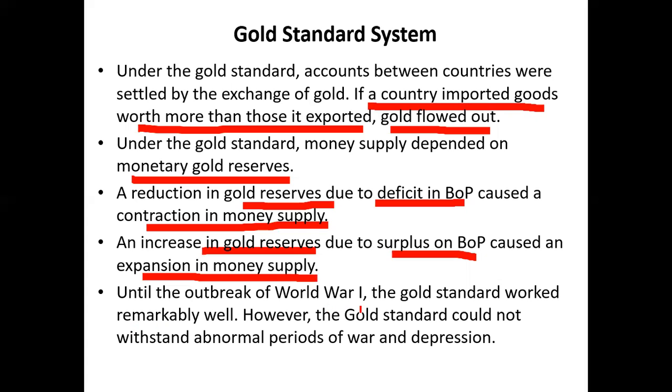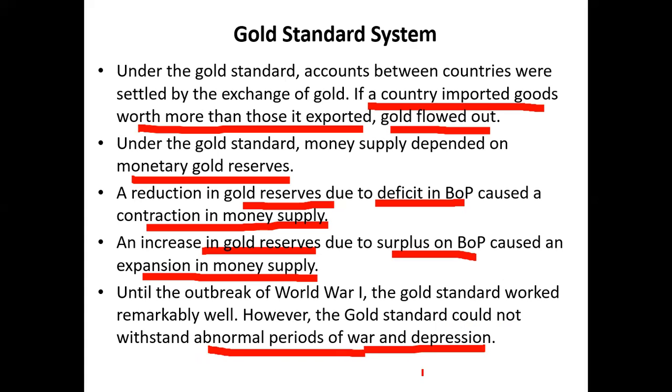Until the outbreak of World War I, the gold standard worked remarkably well. So there was no problem with the gold standard system until then. But the gold standard could not withstand abnormal periods of war and depression. This is a very important thing.